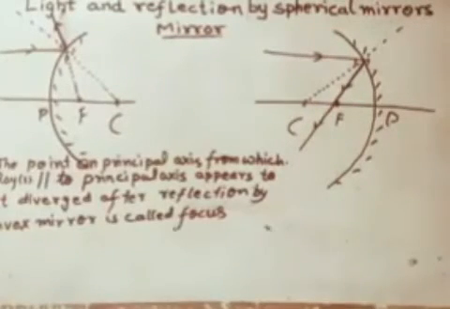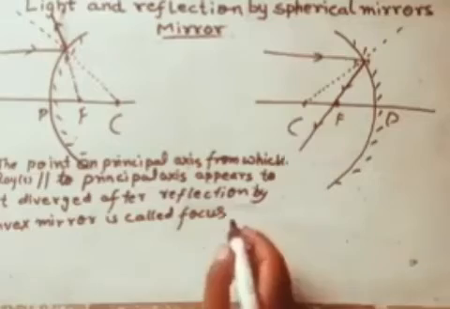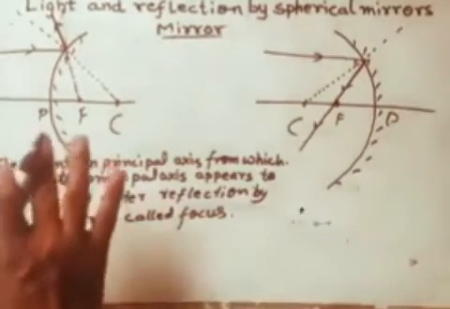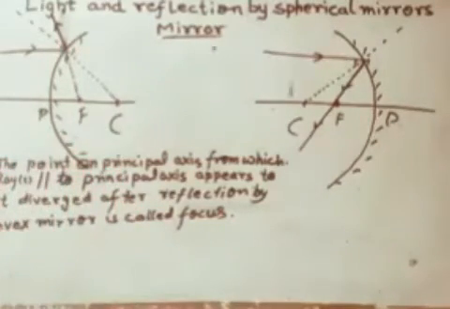So here is the definition for the focal point of a convex mirror. Focus is the point, and when we indicate it, we call it the focal point. Then there comes a term called focal length.